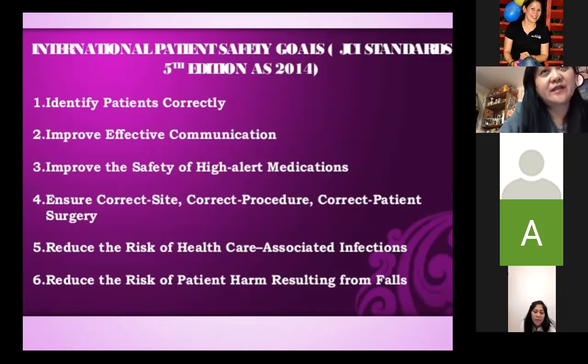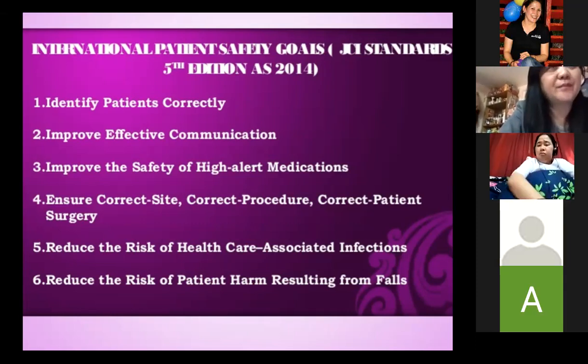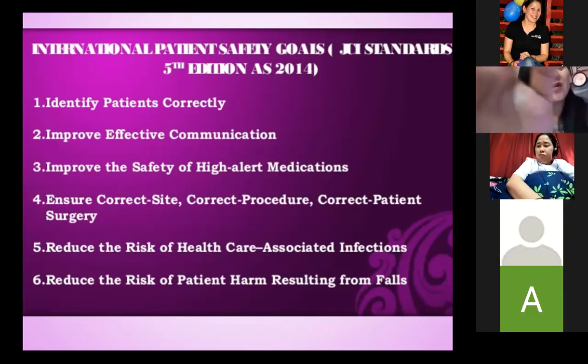Like for example, somebody asks you to go and check the patient, because in some hospitals there is a marking, parang yung arrow kung saan ka gagawa ng procedure. If you will give the medicine to the patient, it's green, or if it's wrong, there is a red. You could not give it to the patient like that.